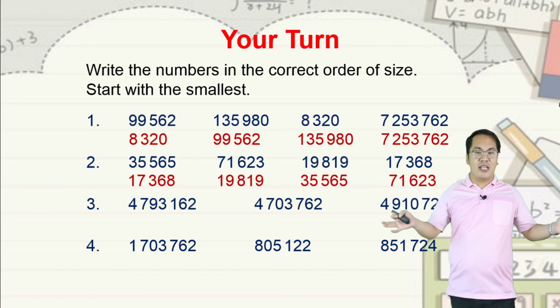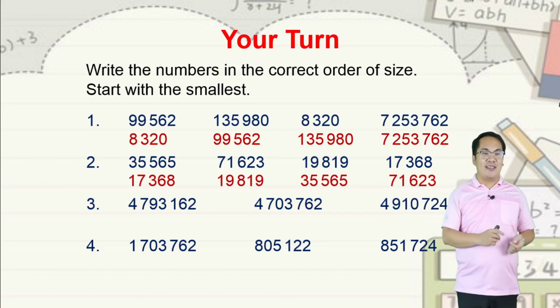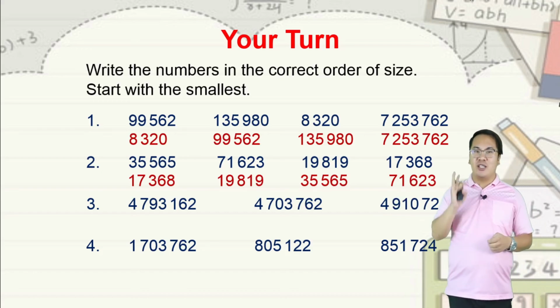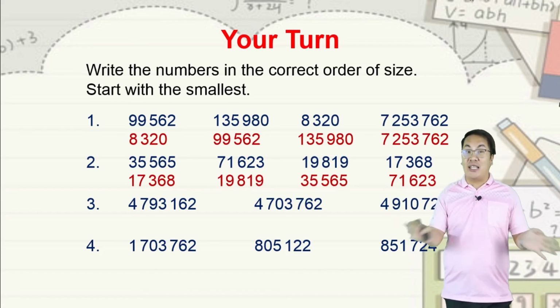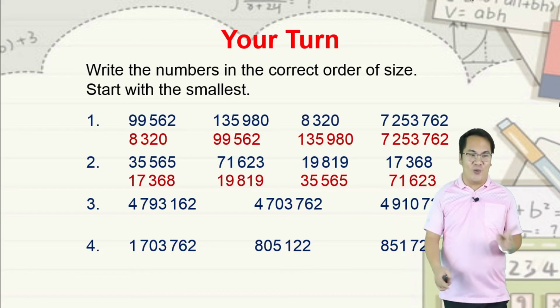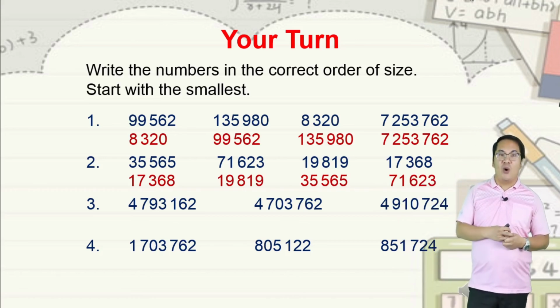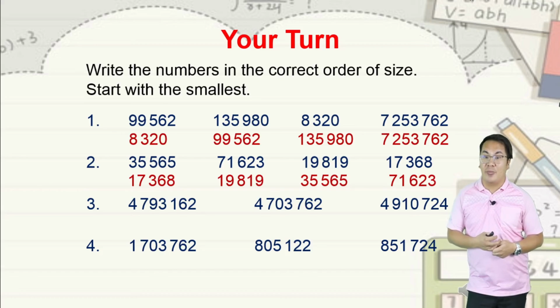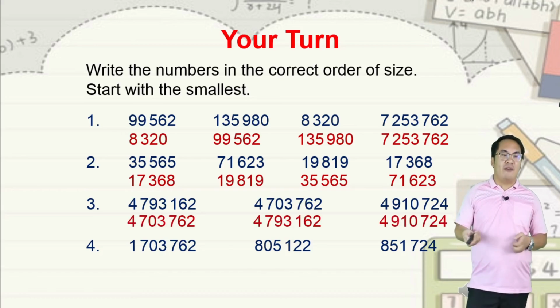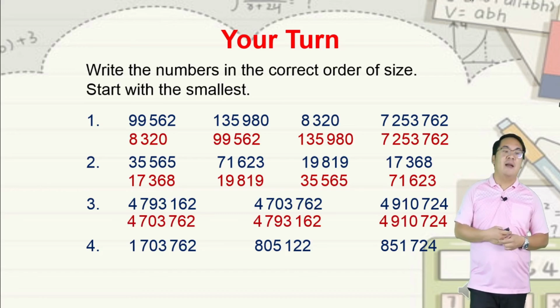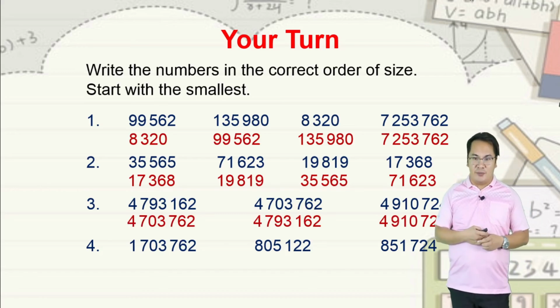Even though we have 7-digit numbers, we can arrange this one from the smallest to the biggest, even though it is a large number, right? All right. So what do you think here is the least number or the smallest number? Okay. So we have here 4,703,762.